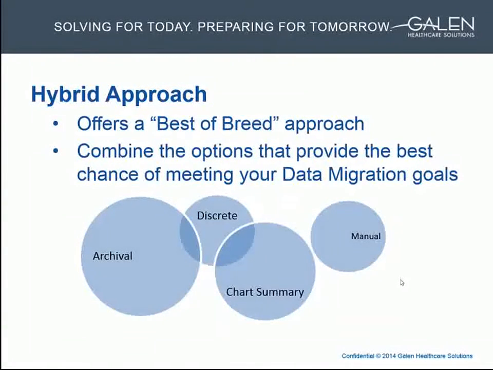So the last option for data migration is what I call the hybrid approach, which offers a best-of-breed approach to your clinical data migration. It allows you to combine the options that provide the best chance of meeting your data migration goals.